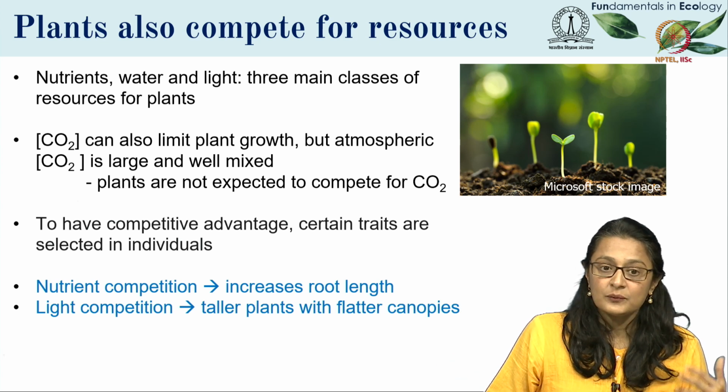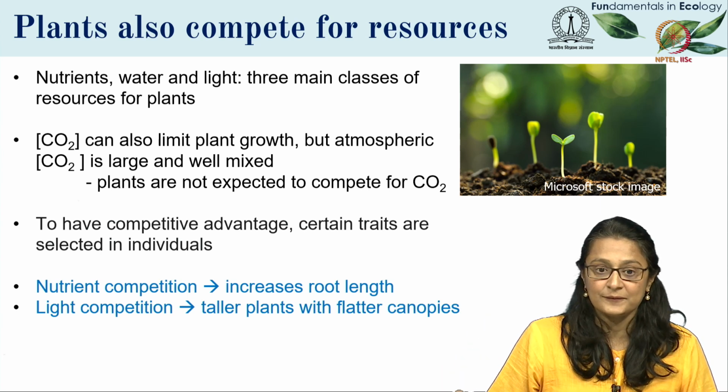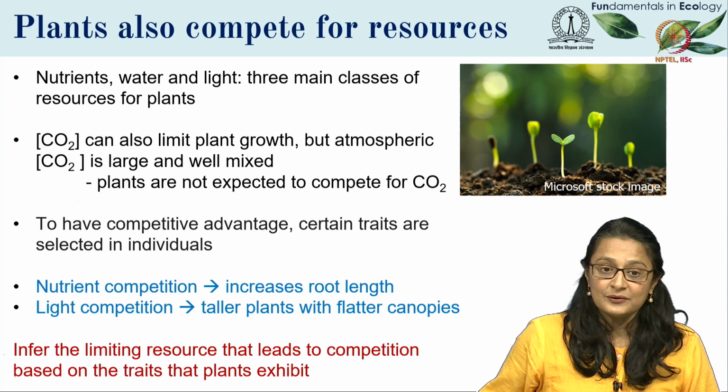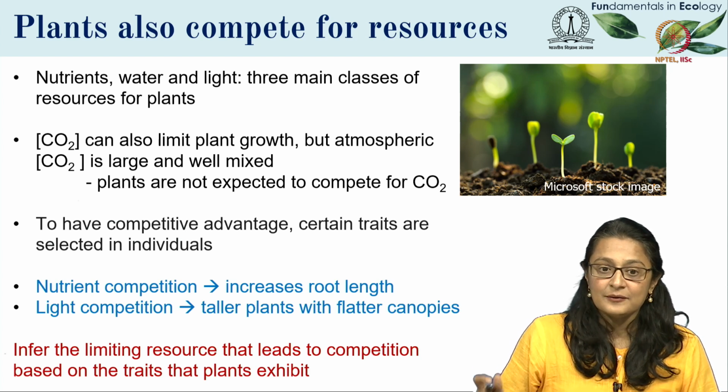If you're in an environment where light competition is high, then we'd expect to see plants that are taller with flatter canopies. So we can infer the limiting resource that leads to competition based on the traits that plants exhibit.